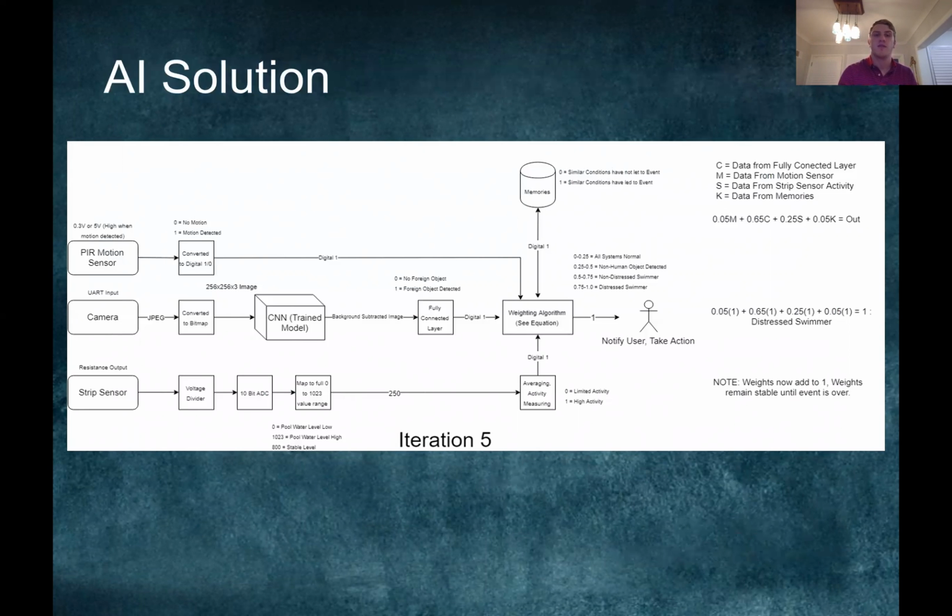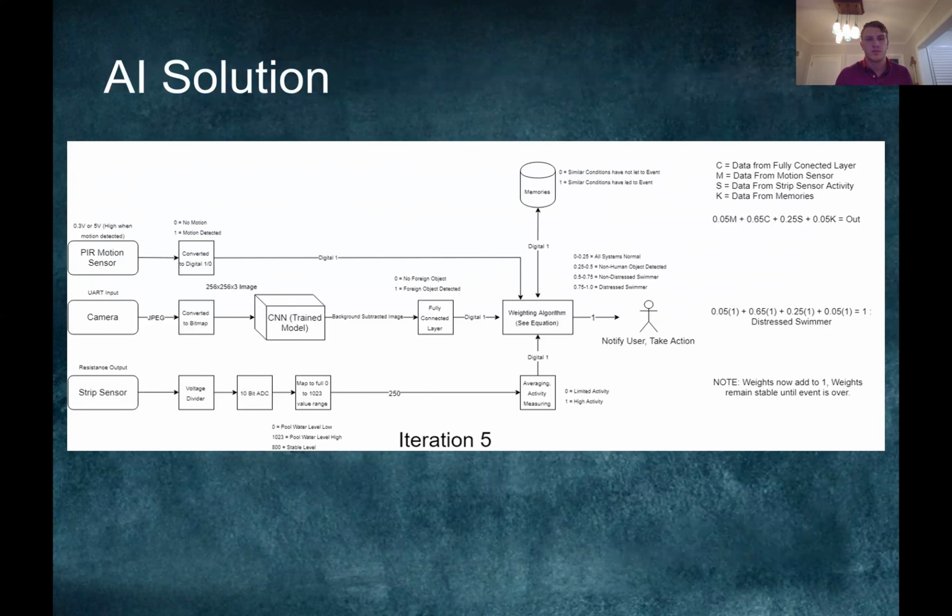The model provides a background subtracted image, and that image on its own doesn't give us any information. So it has to be processed with fully connected layers, which provide a digital 1 or 0 saying there is either an object in the pool or there is not an object in the pool.